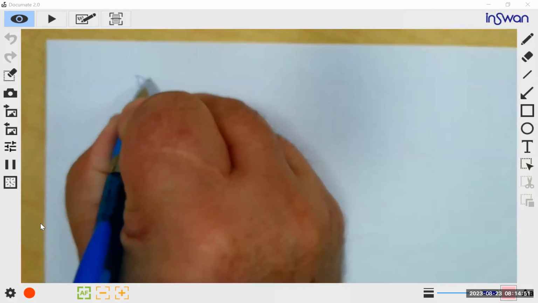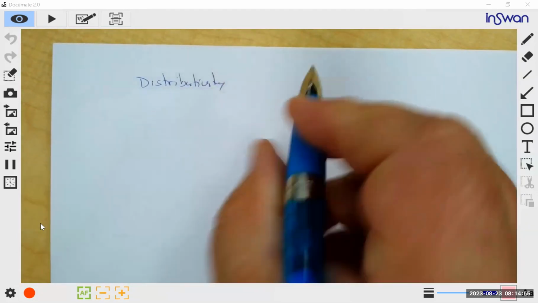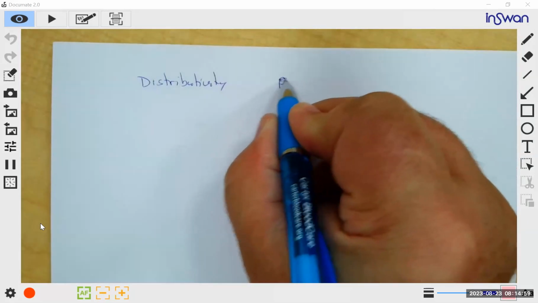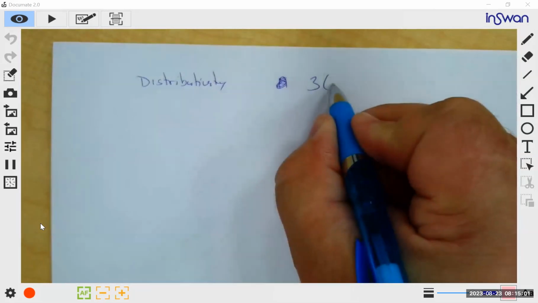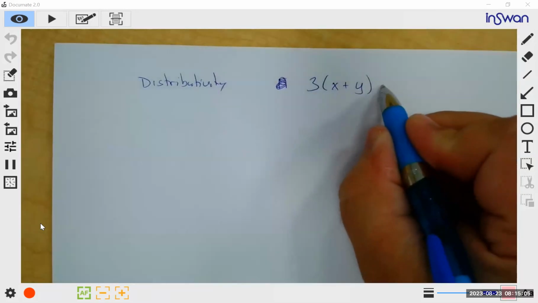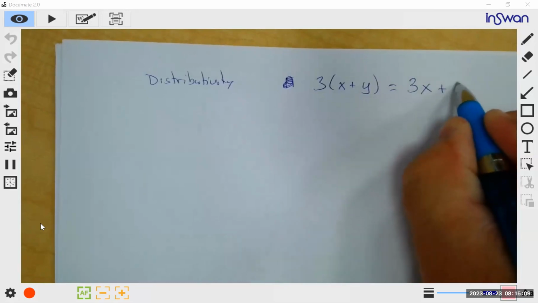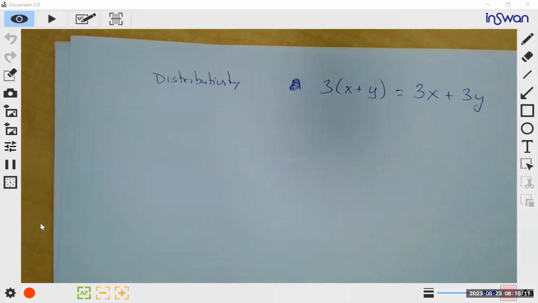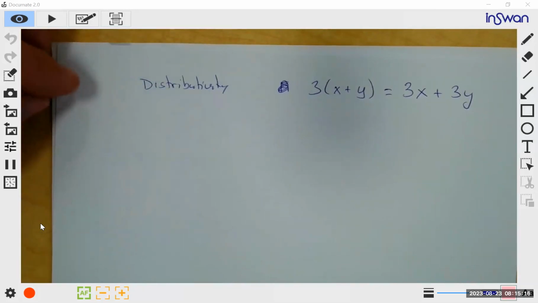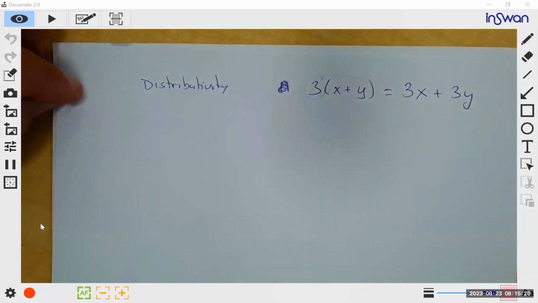So with distributivity, let's put numbers here. We get 3x plus 3y. That's distribute. That means the coefficient is being distributed inside there.